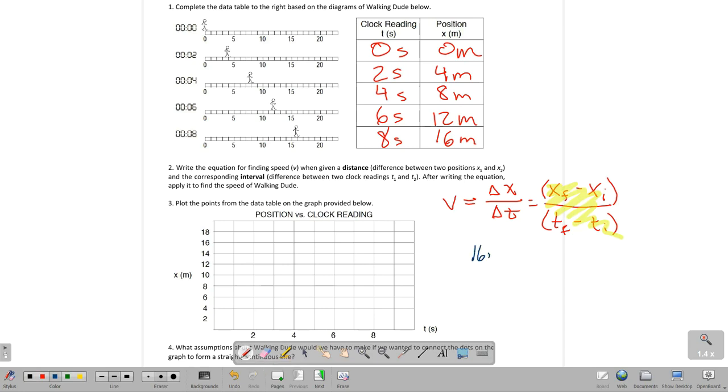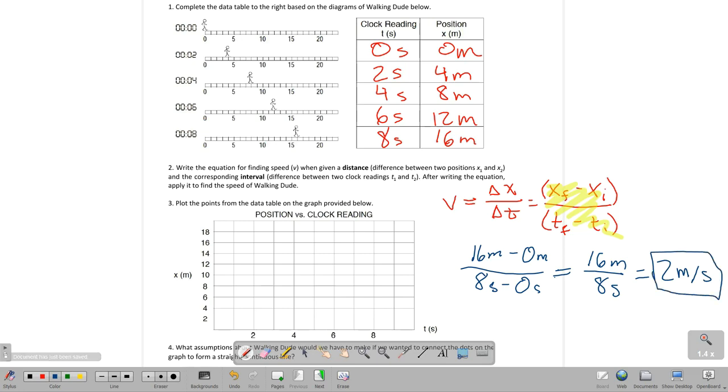So 16 meters minus the initial, which was 0 meters, over 8 seconds minus 0 seconds. Obviously that one's pretty easy because it started at 0, but it's going to be 16 meters over 8 seconds, which then reduces to 2 meters per second.